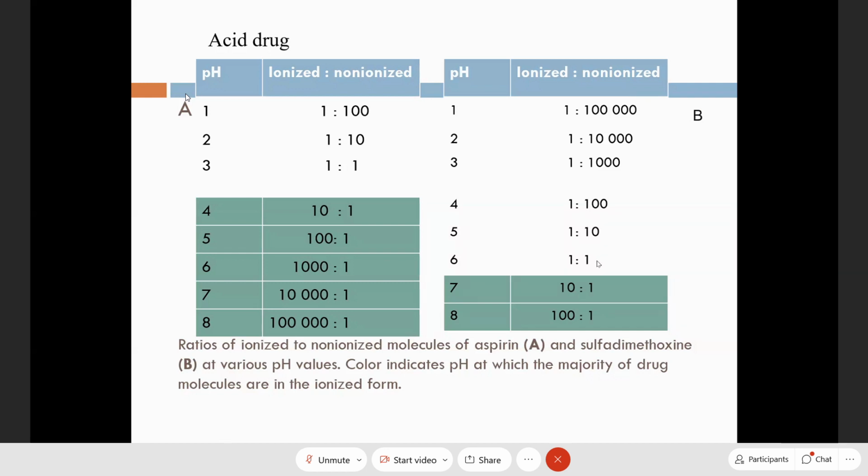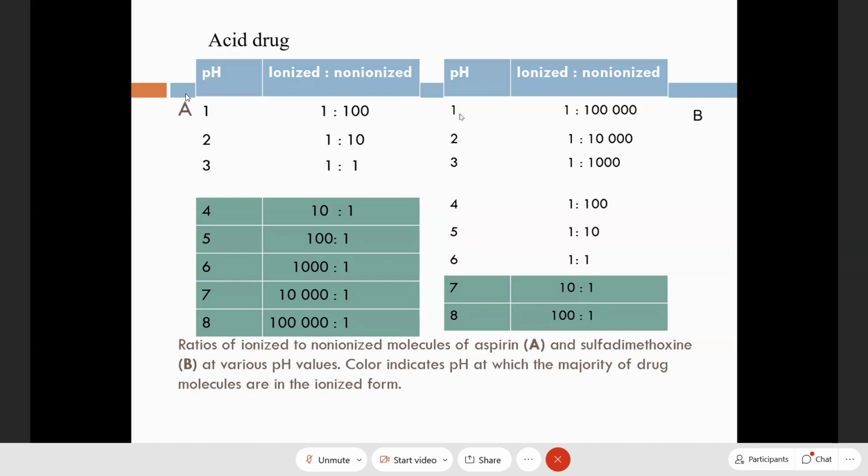So pKa is 6, right? So this is an acidic drug, anything below 6, you can see the non-ionized form, right? It's increasing.